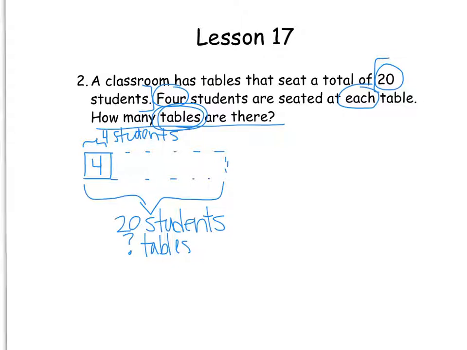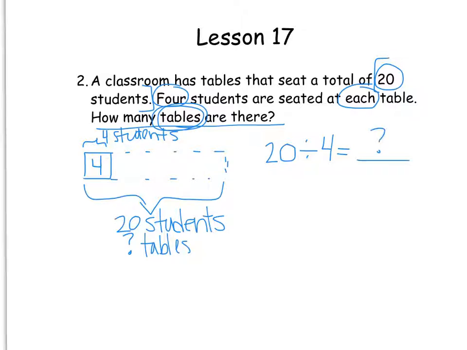Without solving, let's write a multiplication and division equation with an unknown factor to represent the drawing. So I know that my division problem would be 20 as my total divided by 4 equals what? Big question mark.